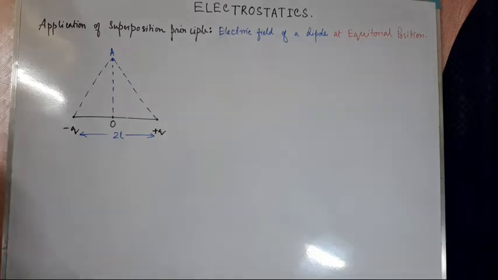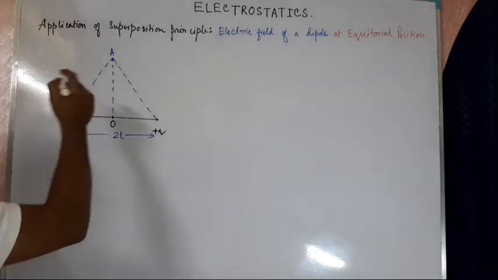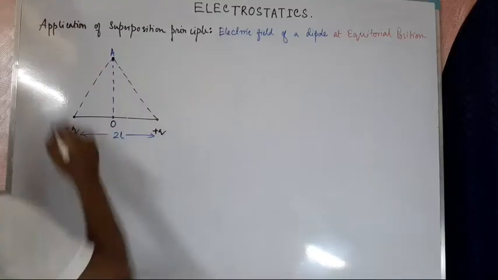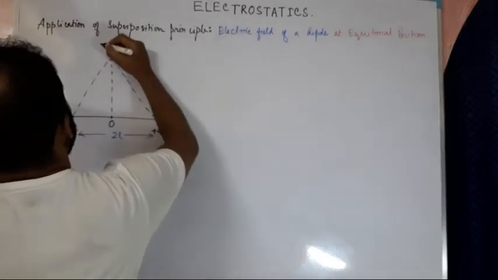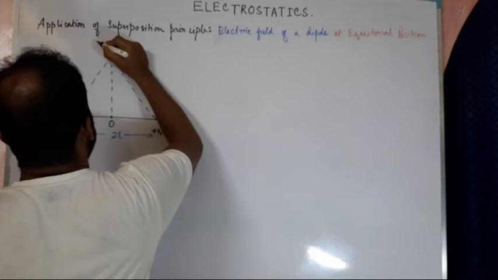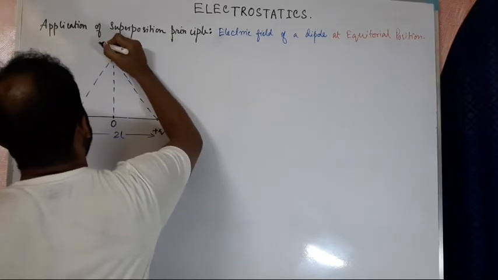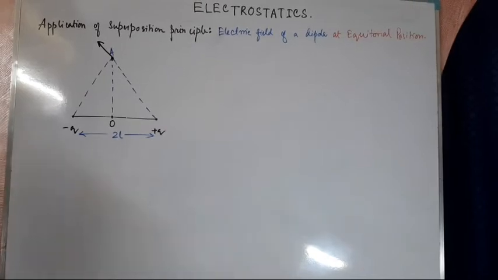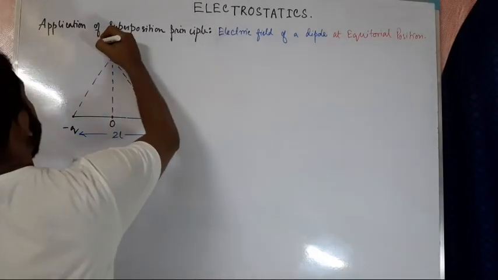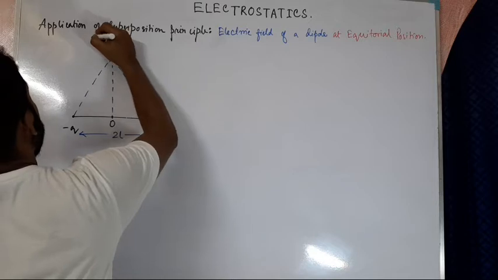Now, if we look at the configuration, the test charge is obviously a positive charge. The positive charge will repel the test charge, and the direction of the electric field will be in the direction of the force. Of course, the force is repulsive, so the direction of the electric field will be in that direction.